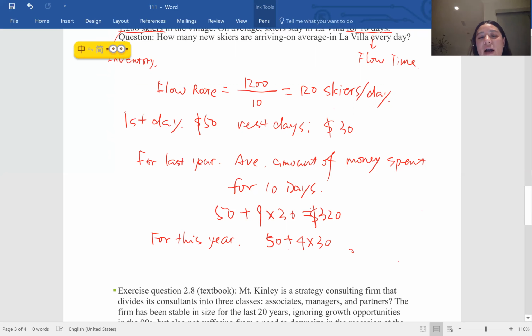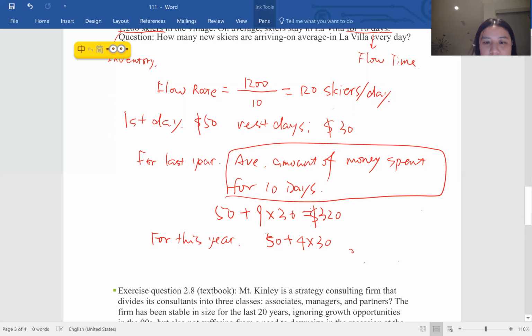This is a 5-day stay for a skier. However, we are calculating the 10-day cost, so we multiply by 2. Then we find this equals 340. So what will be the change?